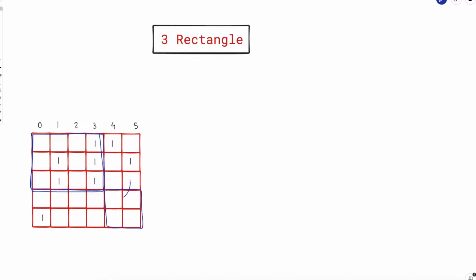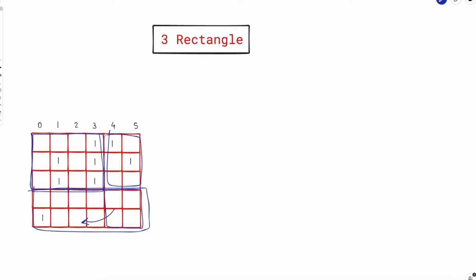In case it goes with this, this entire thing will be one complete piece and this entire thing will be one complete piece. In case this goes with this, this entire thing will be part of one rectangle which you will form out of it, and this entire thing will be part of another rectangle.